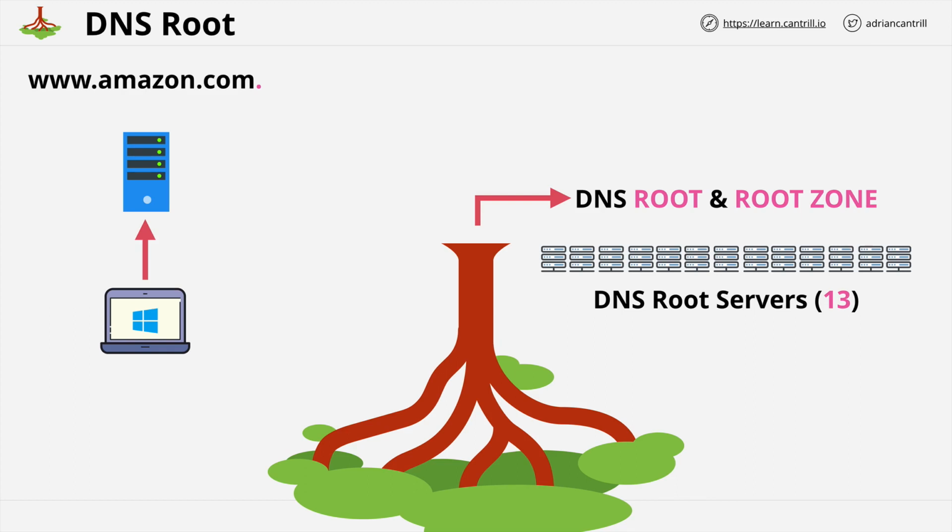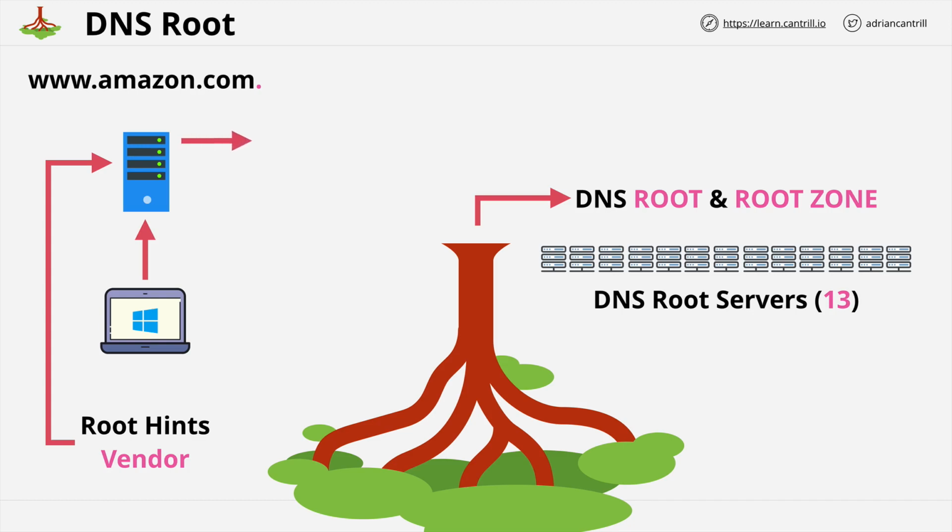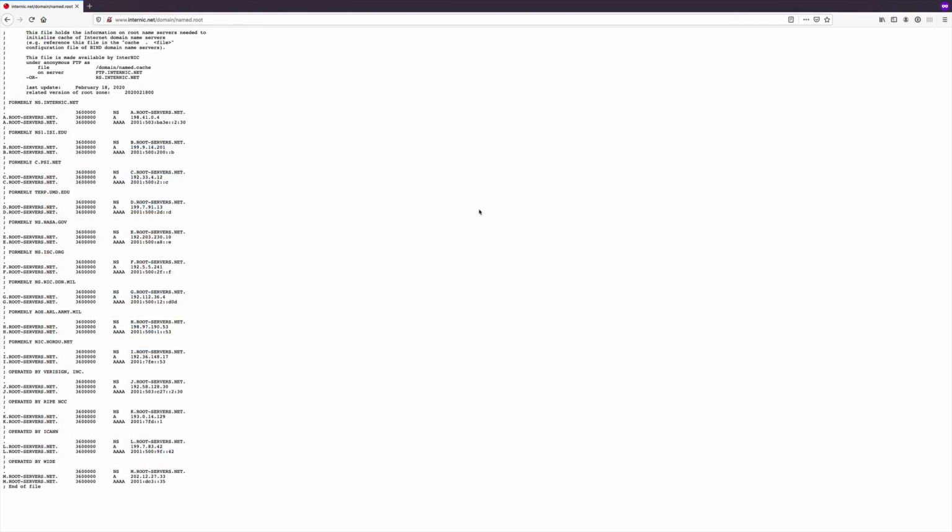But in either case, they supply what's known as the root hints or a root hints file. Now this root hints file is essentially just a list of these root servers, so it's a pointer to the DNS root servers. And this is an example of how this root hints file looks, and I've included a link to it in the lesson text.